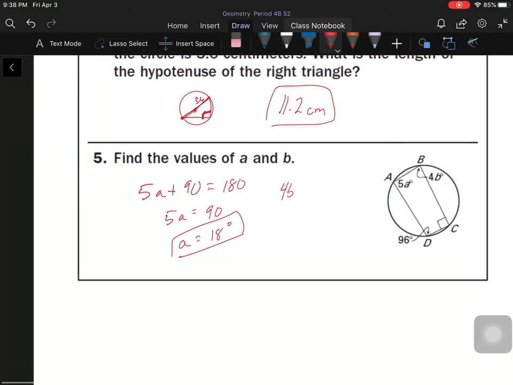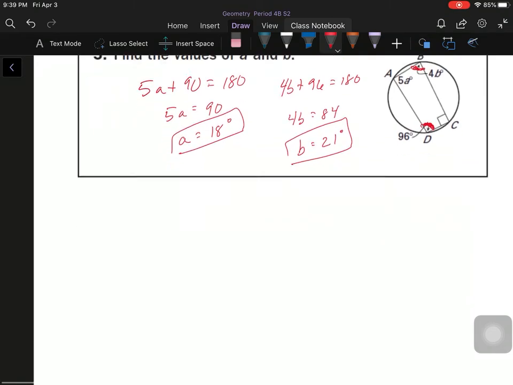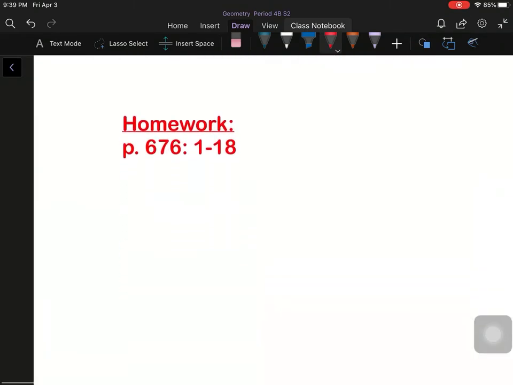And then 4B plus 96 equals 180. So then 4B equals 84. So B would be 21. Again, in an inscribed polygon, your opposite angles are going to be supplementary. They're going to add up to 180.